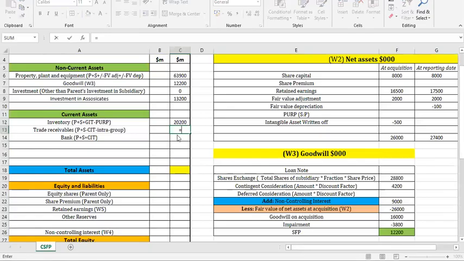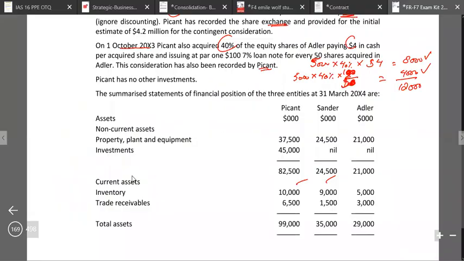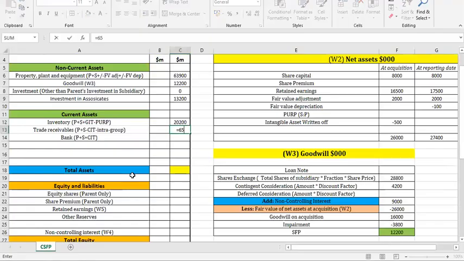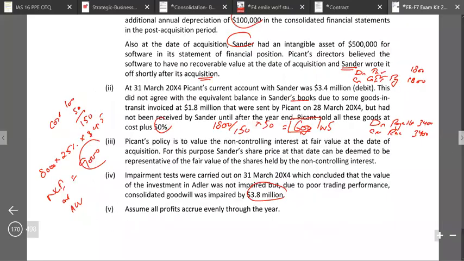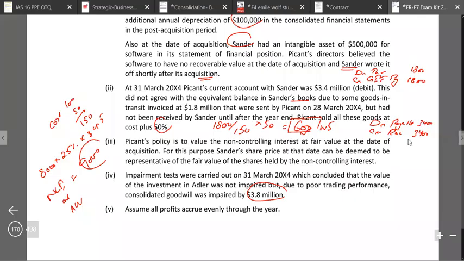Then you have the trade receivables. Okay, trade receivables, let's go back. Yes, 6,500 plus 1,500 and minus intra-group, which is 3,400. Let me confirm that as well. Yes, it was 3,400. Fine. Okay, then you have the equity shares of the parent only.